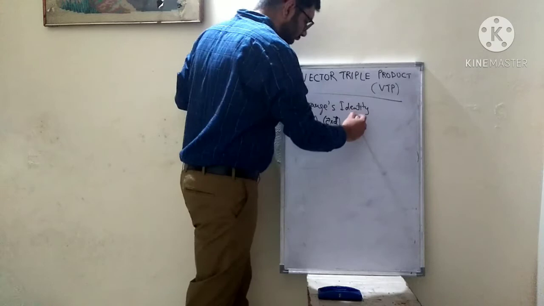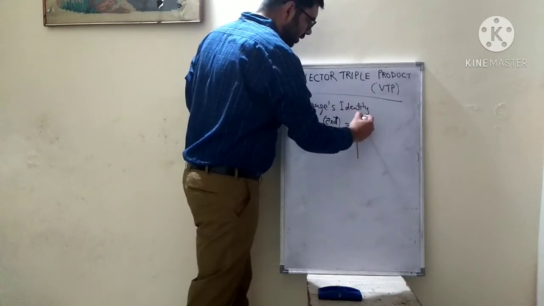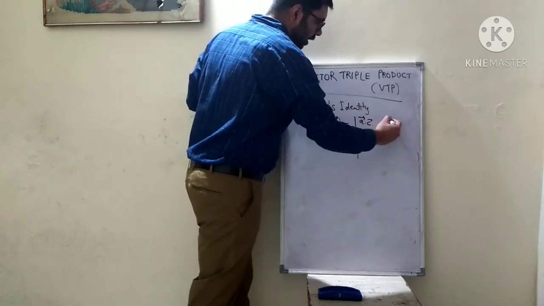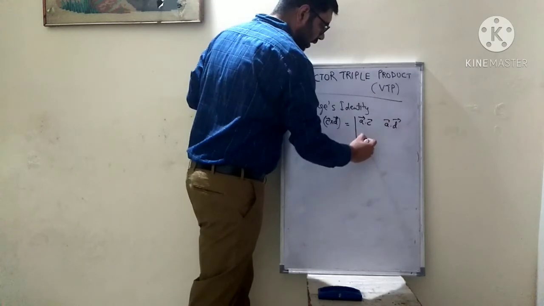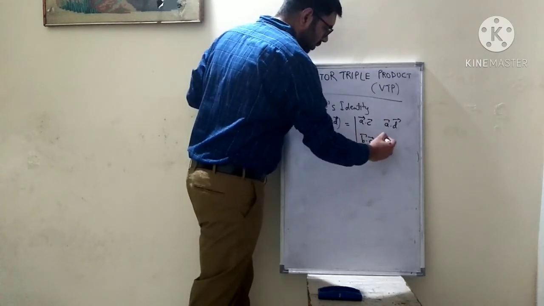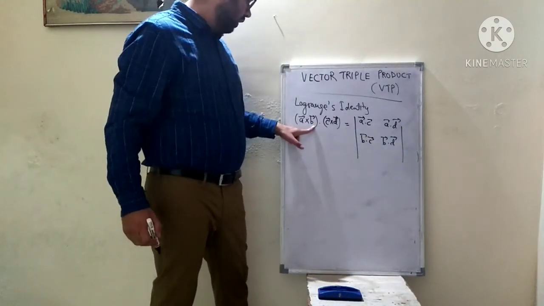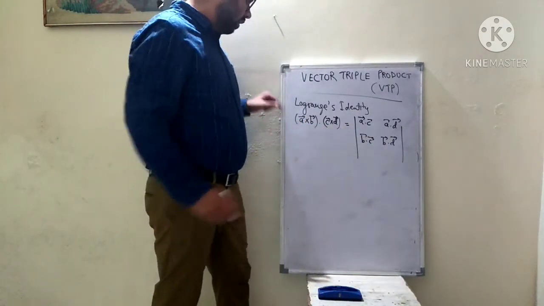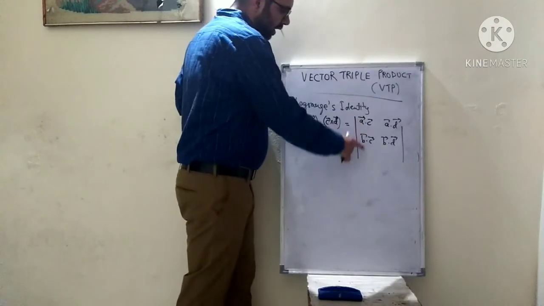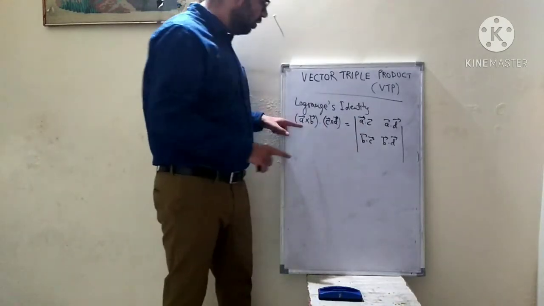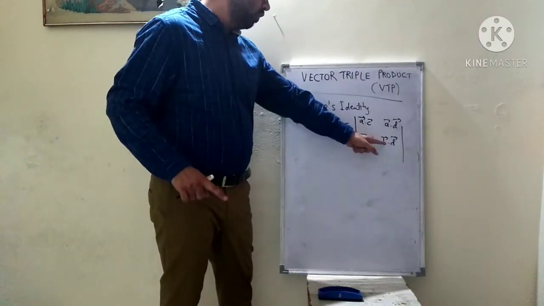So in this we have this formula. I can write this in the determinant form: A dot C, A dot D, and then B dot C, and then B dot D. We have A cross B as the first vector, C cross D as the second vector. I will have a 2 cross 2 determinant.